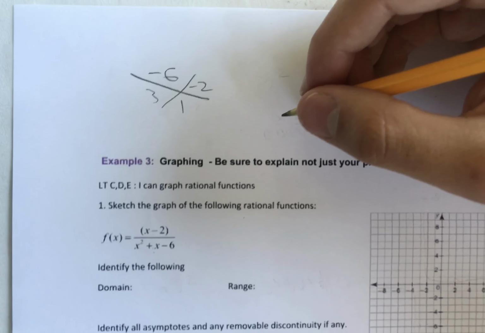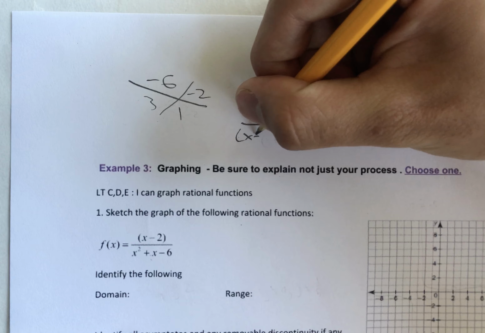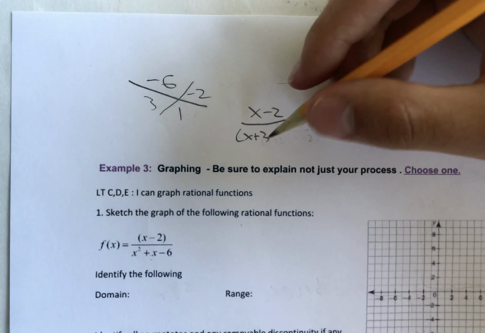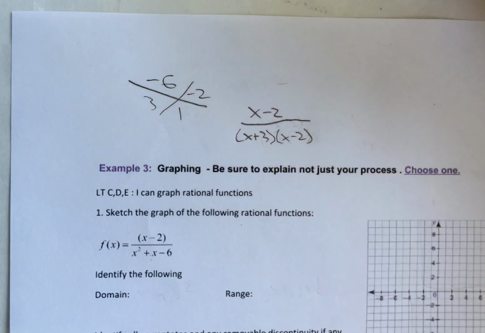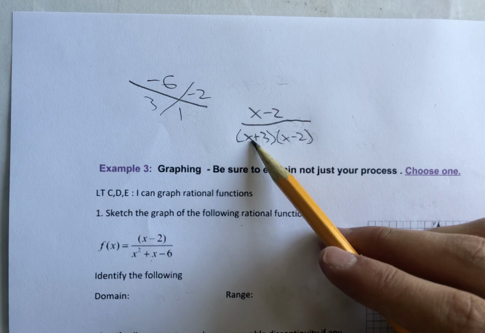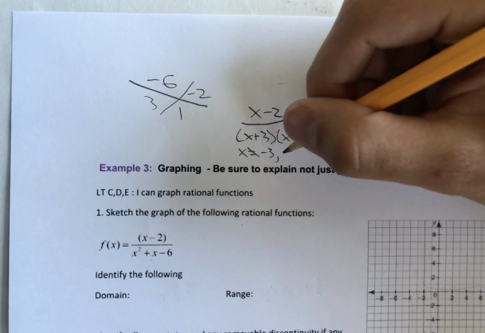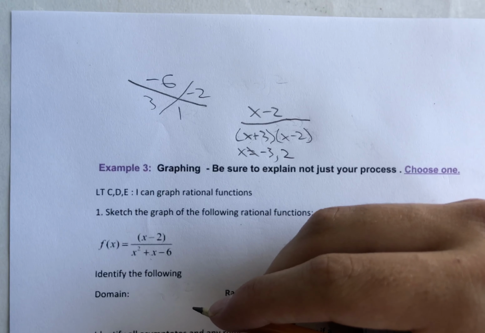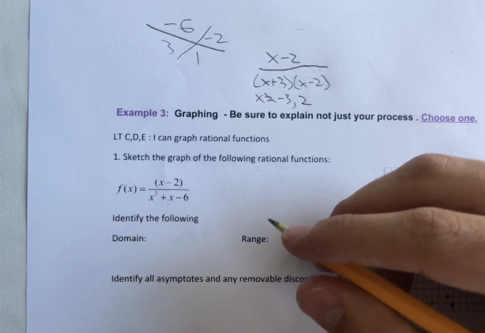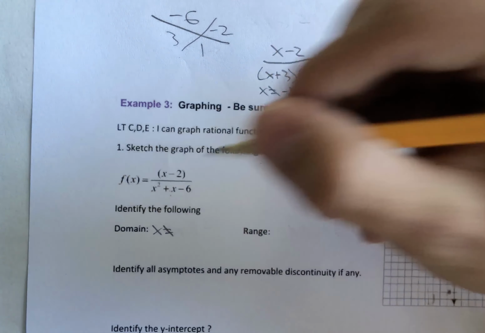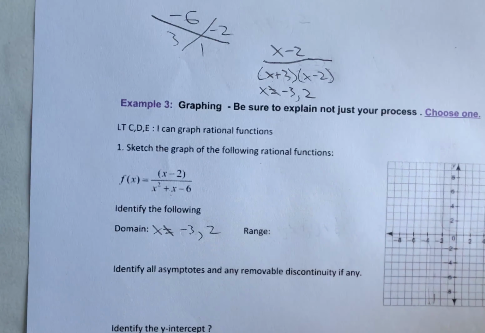So that means the equation will end up looking like x minus 2 over x plus 3 times x minus 2. And so we can know that x cannot be negative 3 or positive 2. And so that means that our domain is x does not equal negative 3 or positive 2.